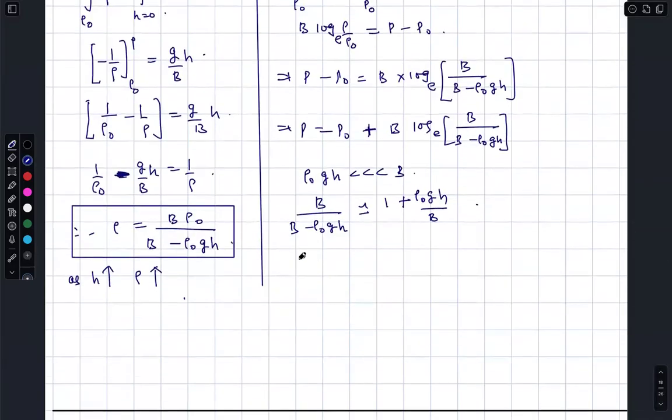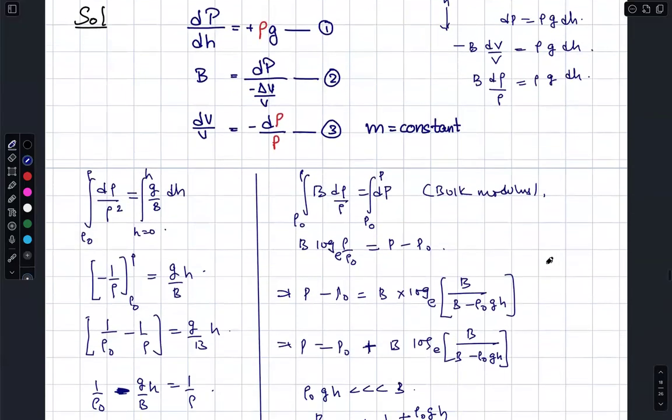In that case, you can write P as P naught plus B times log e of 1 plus rho naught g h by B.